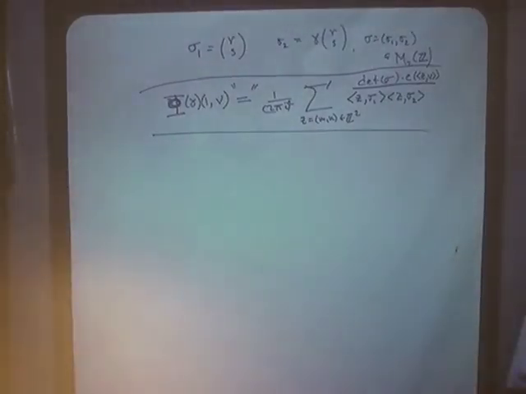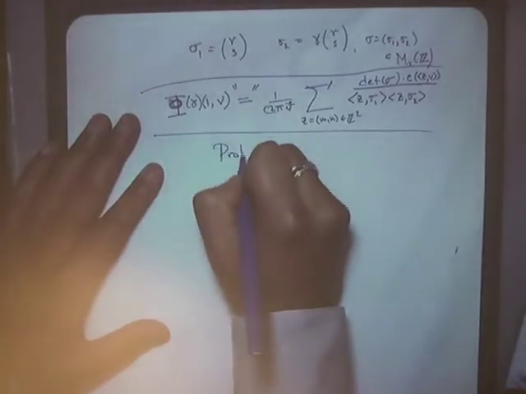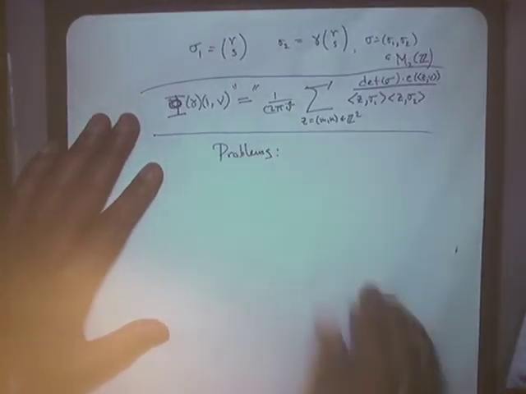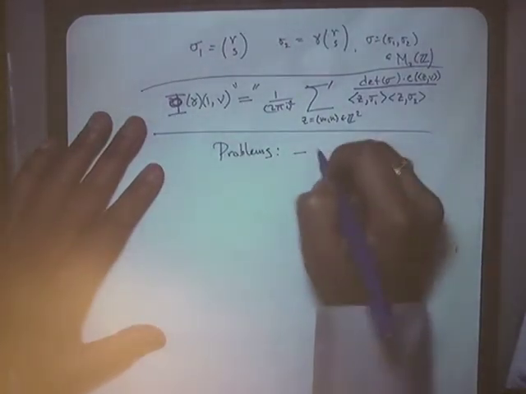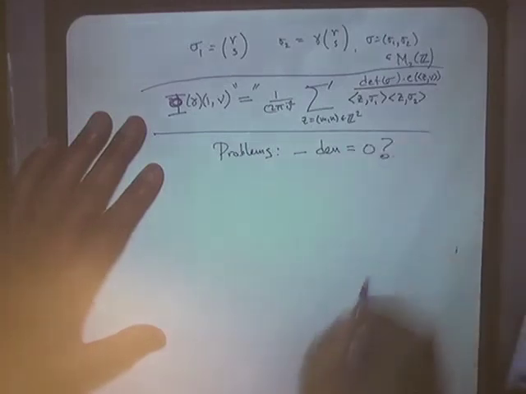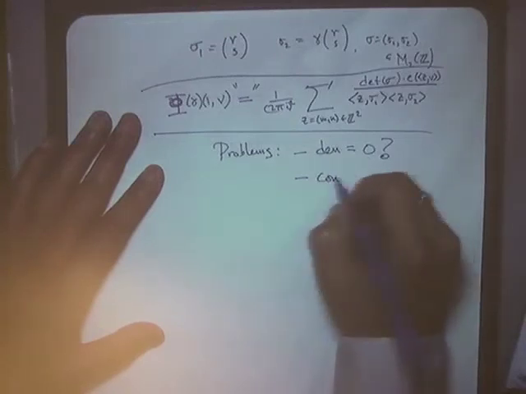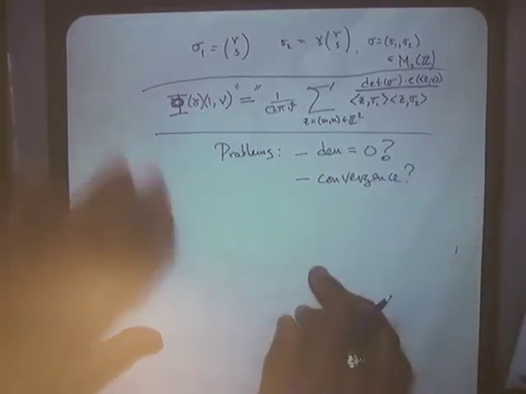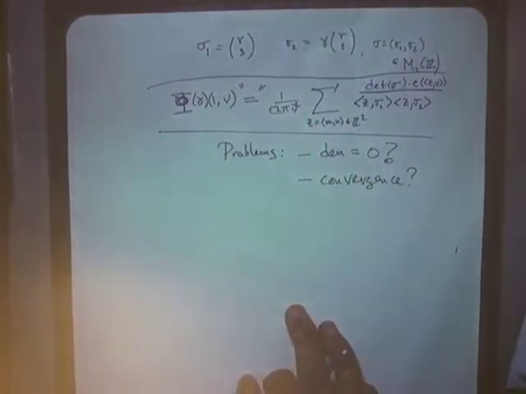Now there are two problems with this. One is, what if the denominator is 0? And the second problem is, what about convergence? You can always make whatever definition you want, so it doesn't matter if this was a bogus argument.